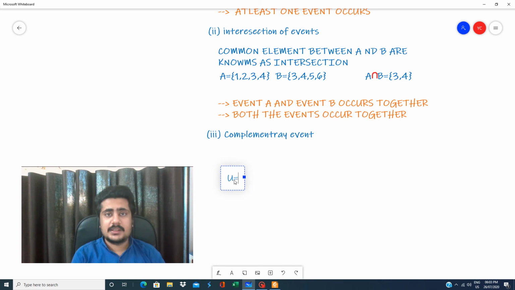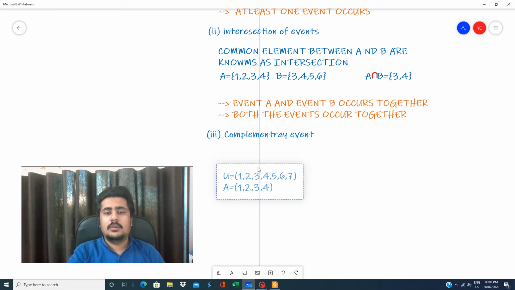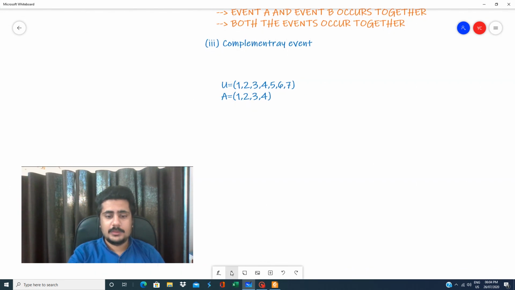If sample space is 1, 2, 3, 4, 5, 6, and 7, let event A be 1, 2, 3, 4. Now, what is complementary event?